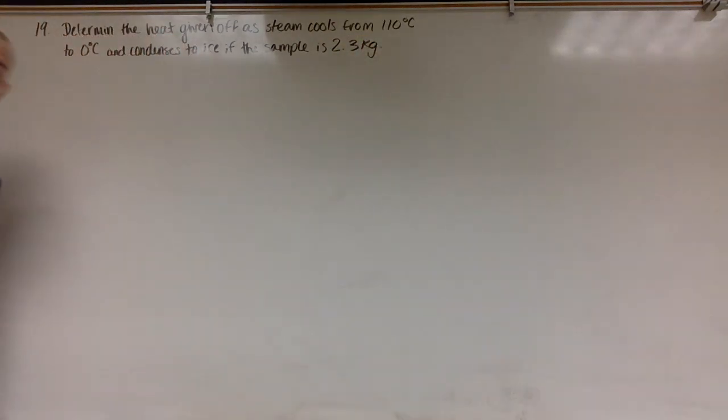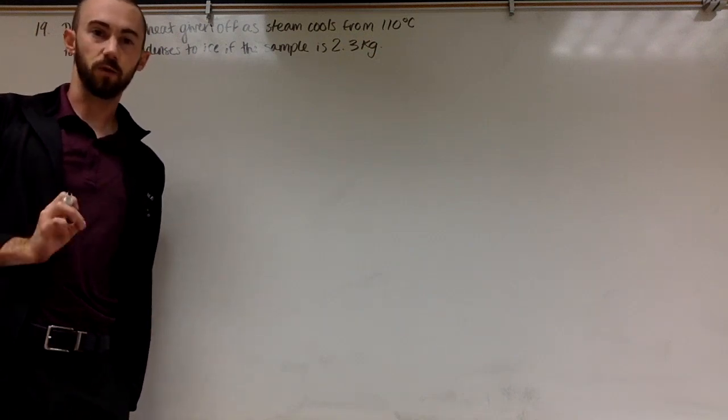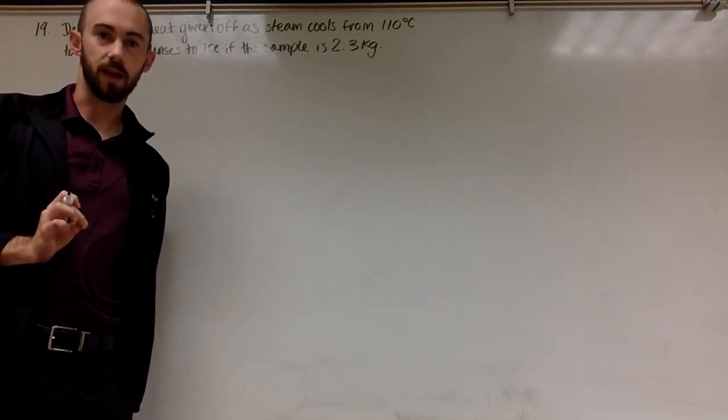I'll pause the video. It's going to be very similar to what you've just done, and I want you to do the calculations and see if you end up with the same numbers that I have.